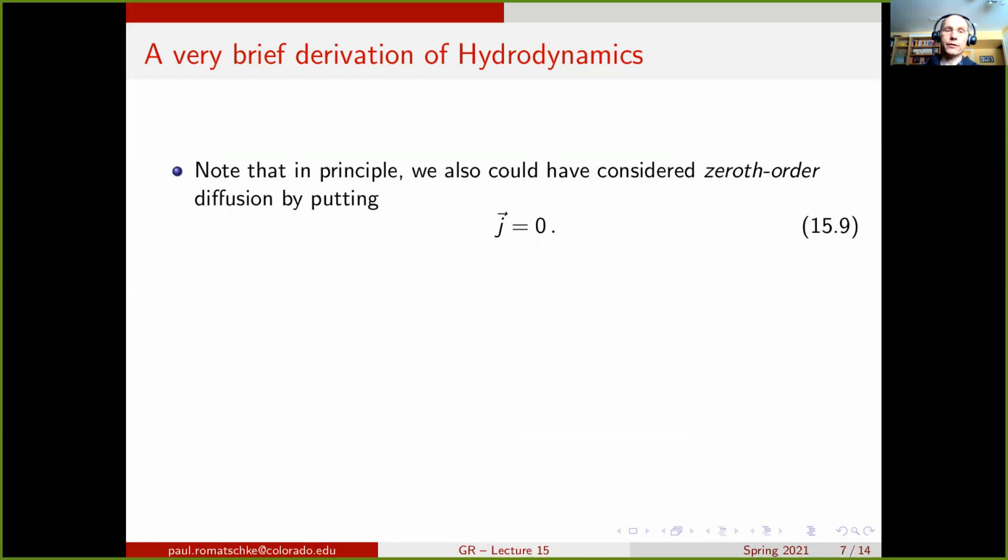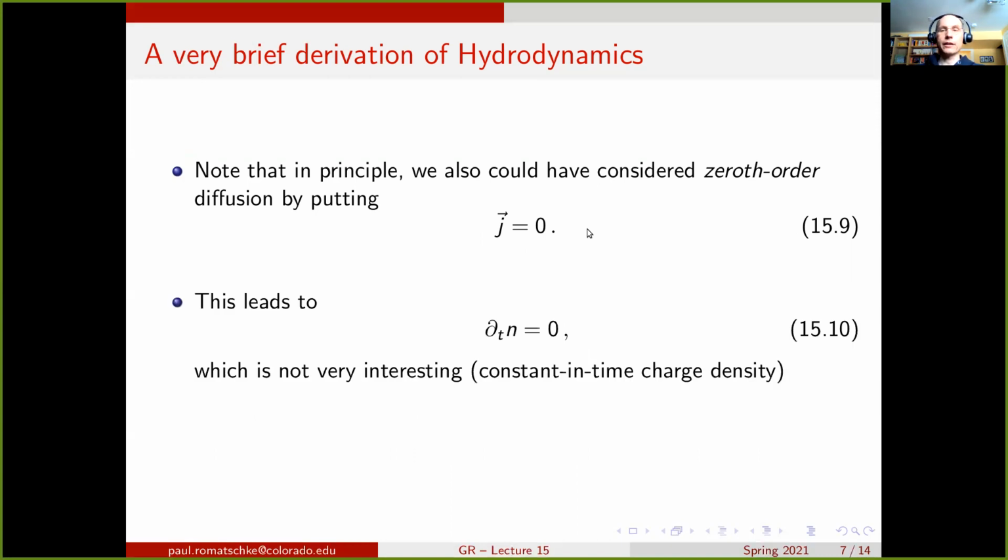In principle, we could have tried something even simpler. We could have tried to do 0th order diffusion. Since there is no 0th order quantity involving the charge density n that is a vector, 0th order diffusion would have meant that we put vector j equal to 0. That's a possible choice. If we plug this into the conservation equation, we get that the time derivative of the charge density is just vanishing.